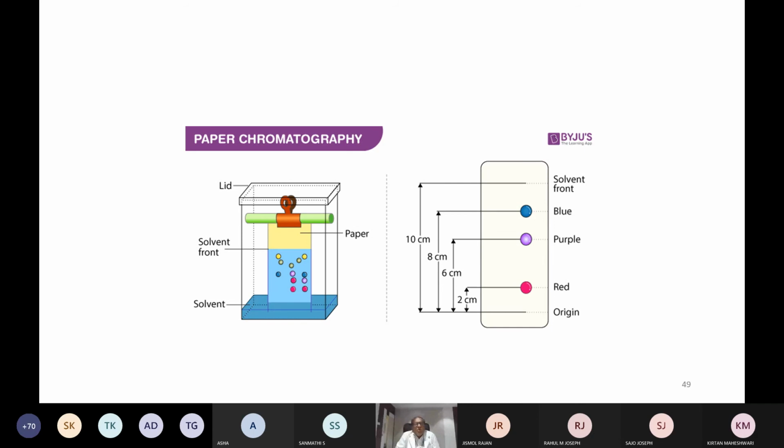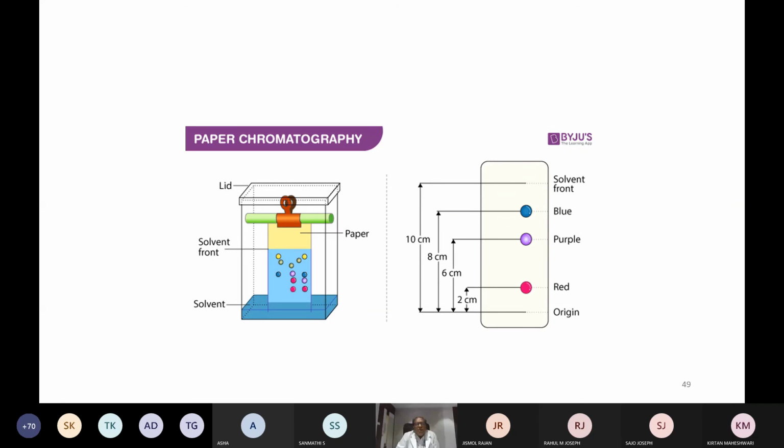Like that one may confirm. If the clinician is making the diagnosis, he may ask for this chromatography test of the amino acids, and laboratories will apply this methodology to find out which type of amino acid is separated.